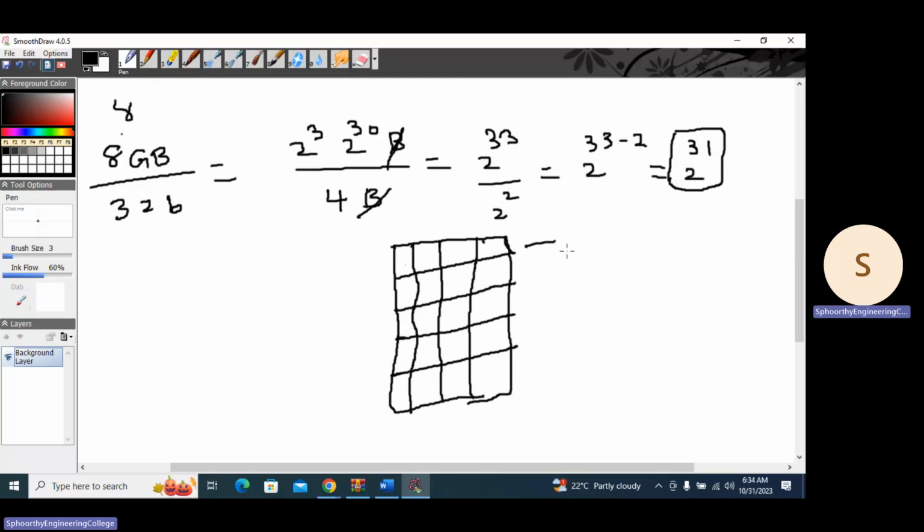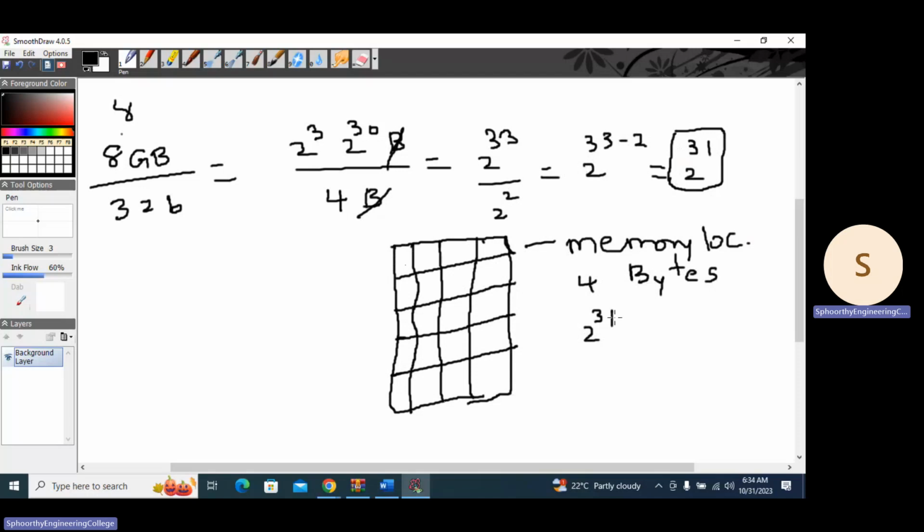In each location, we have 4 bytes. How many locations do we have? We have done the math just now: we have 2 power 31 locations.